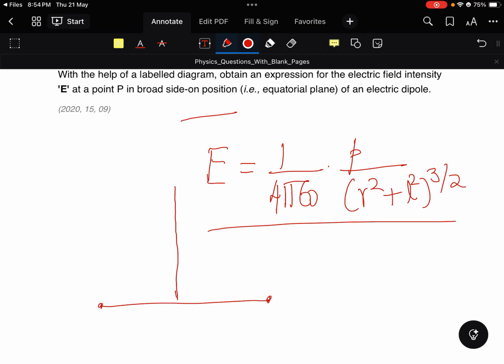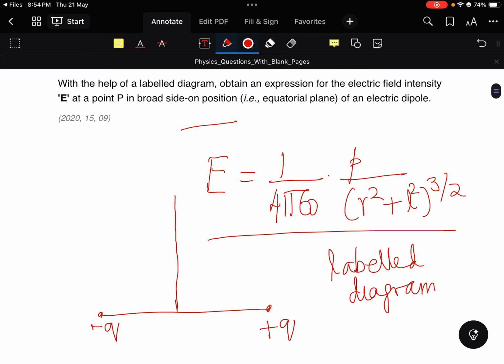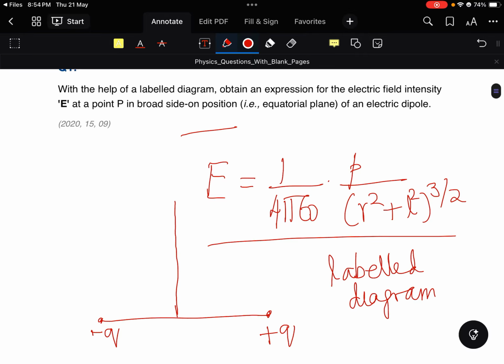So you will draw the complete diagram, complete diagram means labeled diagram, as I have done in the class. You will show the directions of electric field due to minus Q charge and due to plus Q charge, and then you will resolve them and find out the resultant. So for the broadside-on position, you have to derive this formula.